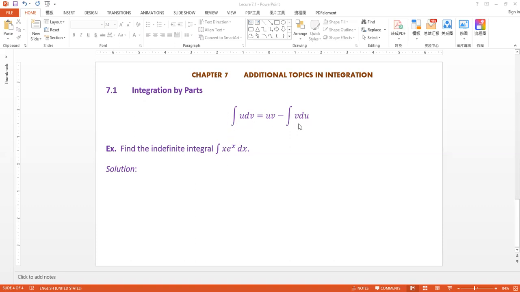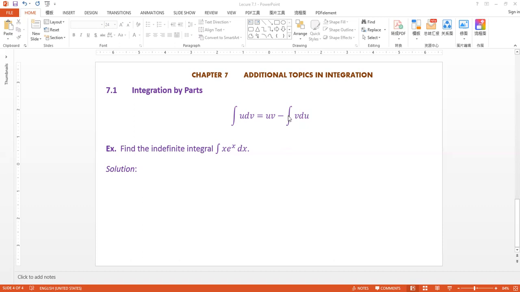So this formula for integration by parts says, if we try to integrate u dv, remember, u and v are both functions. dv here is the differential for v, which is defined as v prime, the derivative of v, times dx. So u and v are both functions of x. The integral of u dv is equal to uv minus the integral of v du.